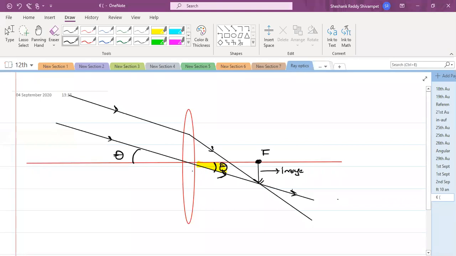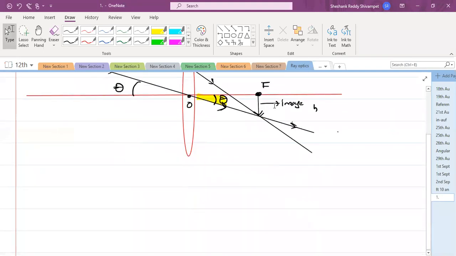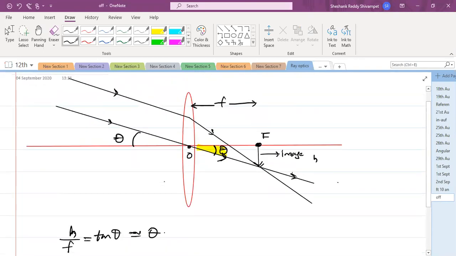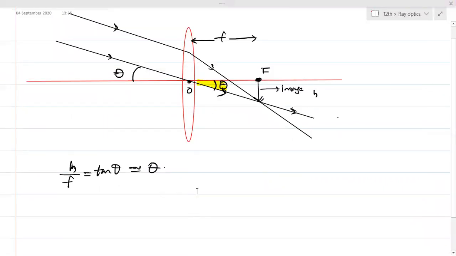Now, from the optical center to the focus, the distance is the focal length. So from this, can you get the height of the image? If I call it h, h upon f is equal to tan theta, right? h upon the focal length is equal to tan theta, which is almost equal to theta for small angles, and from there you should get the answer. Clear?